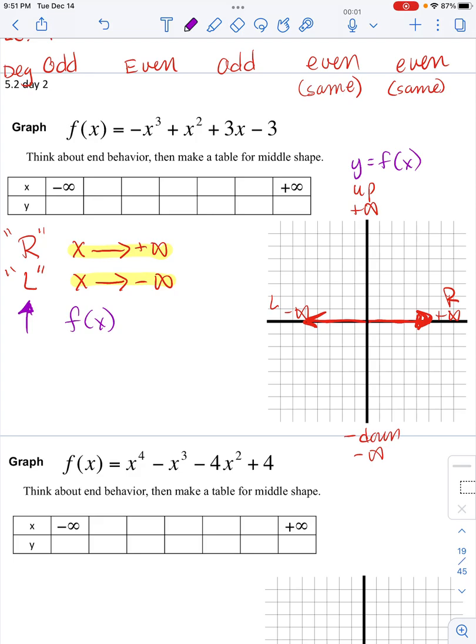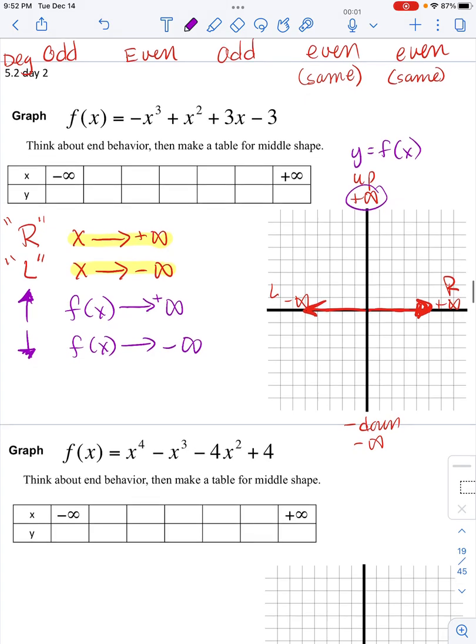F of x, which is really just that secret fancy way of writing y, approaches infinity. Positive sign, optional. If your right or left end is going down and you're trying to describe that, then I would want you to write f of x approaches negative infinity. I'm absolutely ignoring this problem, by the way, and just talking about the notation.